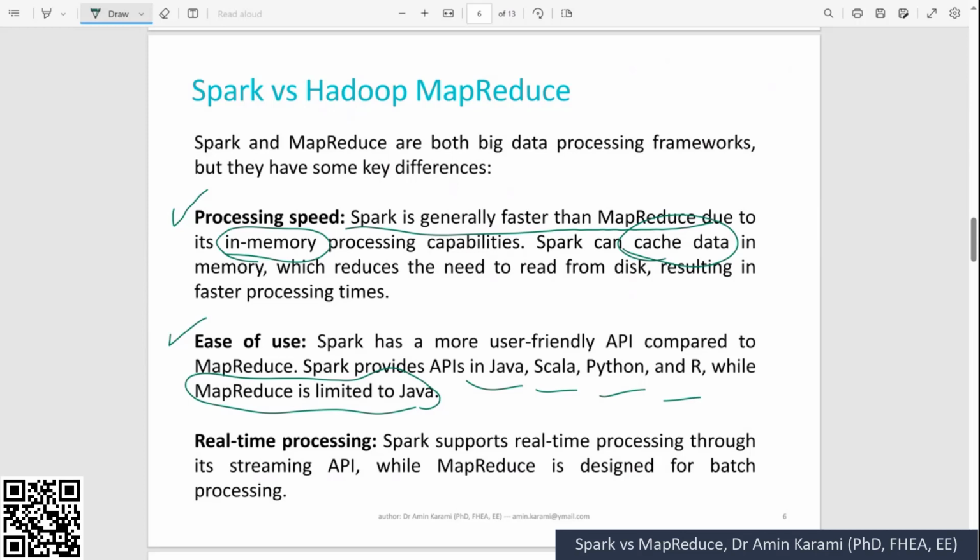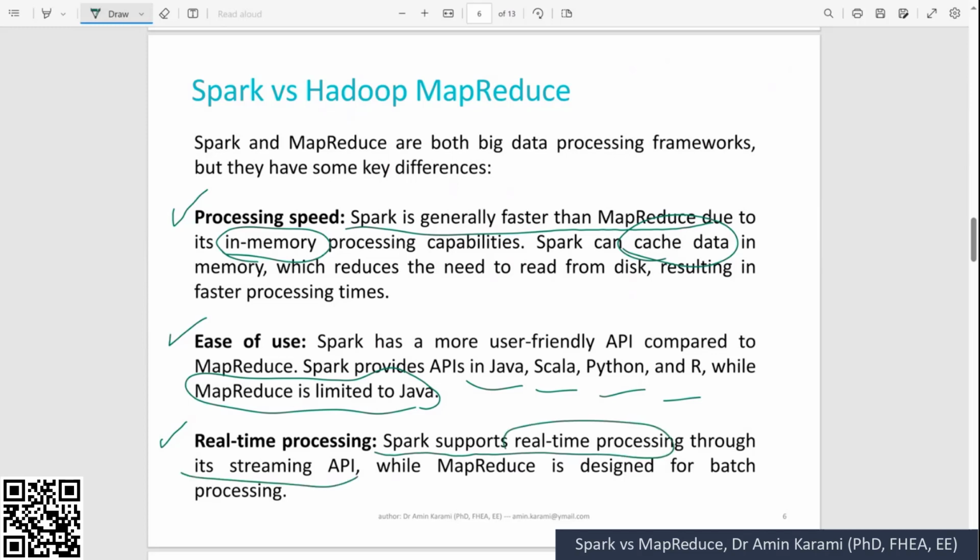All right. So real-time processing. The basic idea of Spark came when scientists at the University of California were thinking about Apache Spark. The main reason was real-time processing, right?